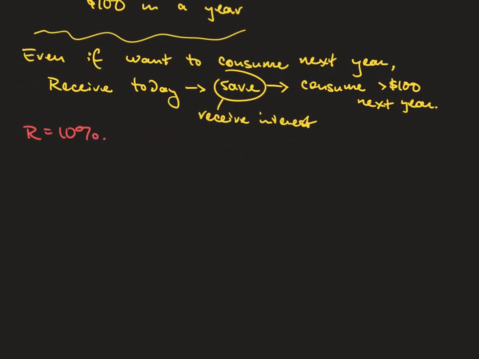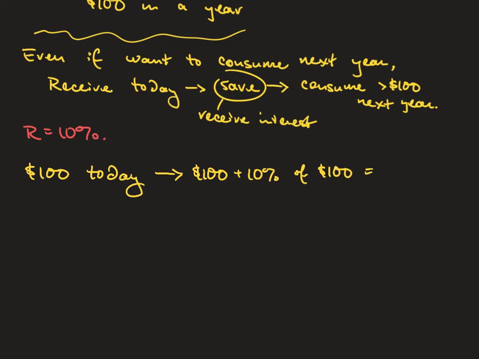Receiving $100 today allows for $100 plus 10% of $100, which comes to $110 of consumption in 1 year.